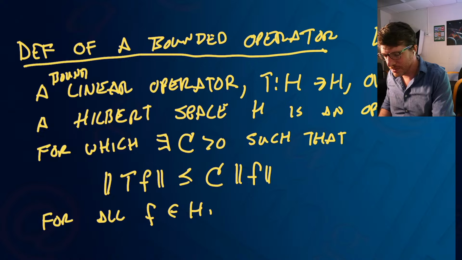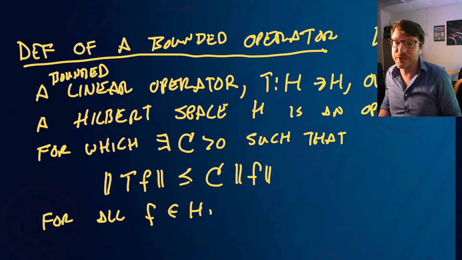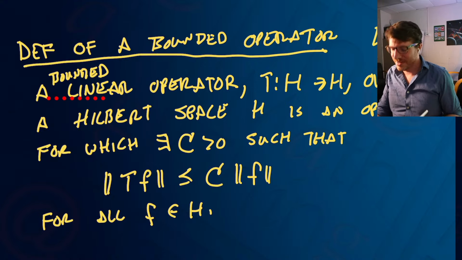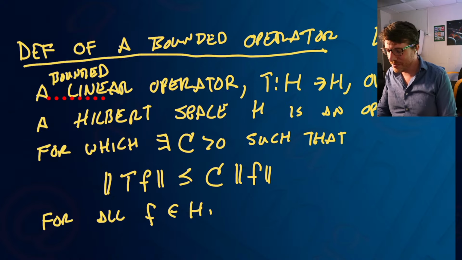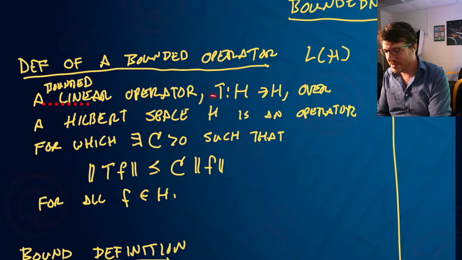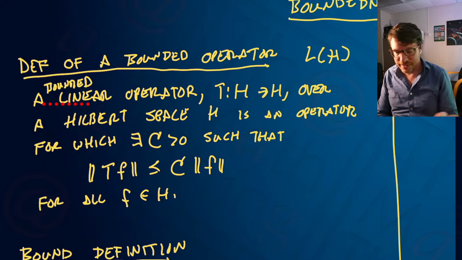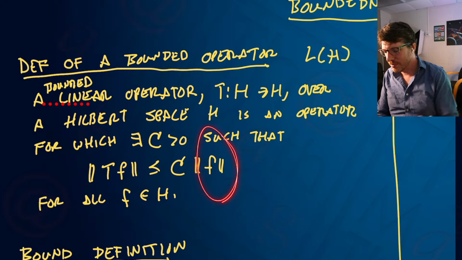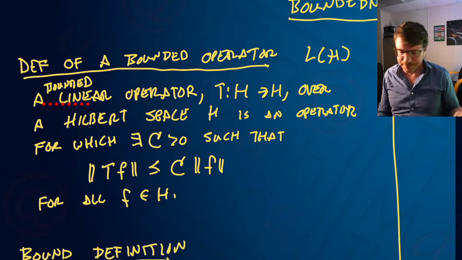So a bounded linear operator. Sorry, I forgot the key word there. A bounded linear operator T going from H to H over Hilbert space H is an operator for which there exists a C such that this happens. If you stop and think about what's going on here, f is some vector in your Hilbert space.